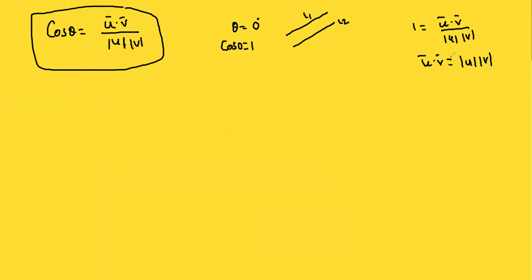I just told you that whenever the dot product is equal to mod u into mod v, the lines are parallel, like the first condition.